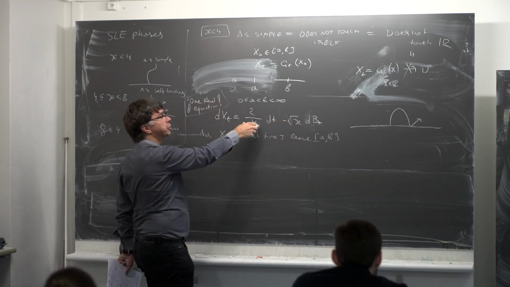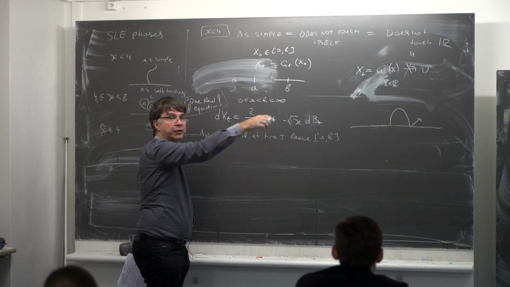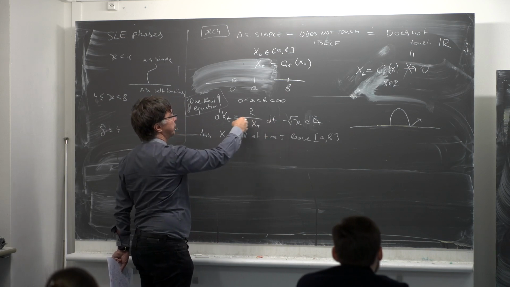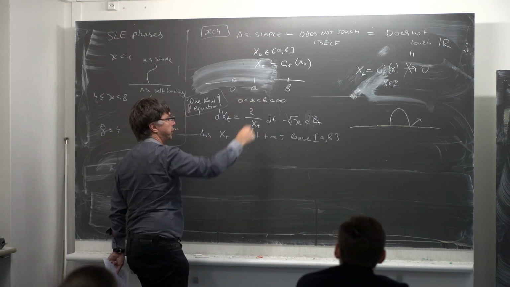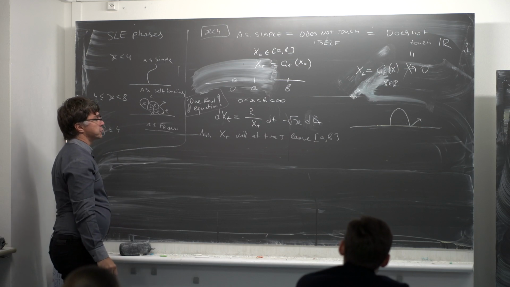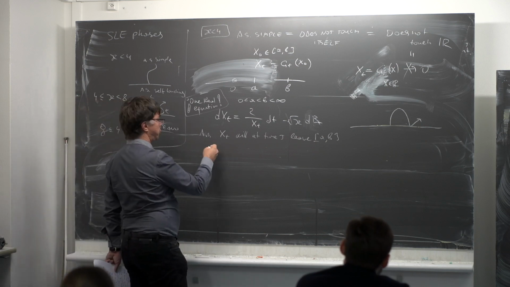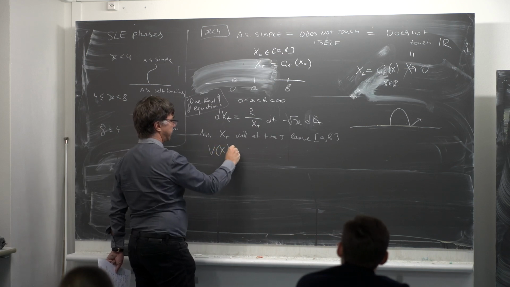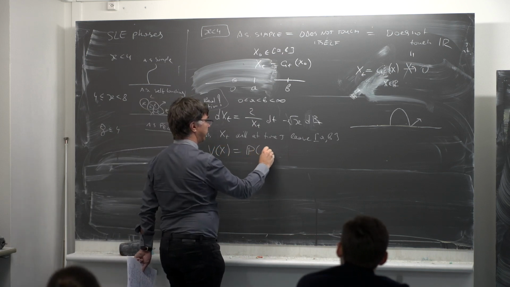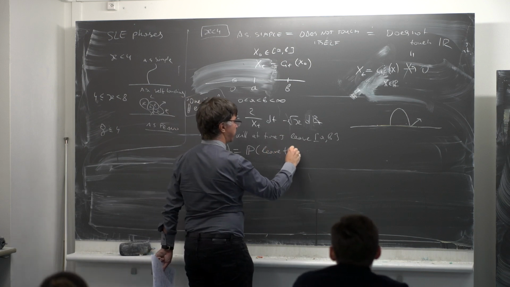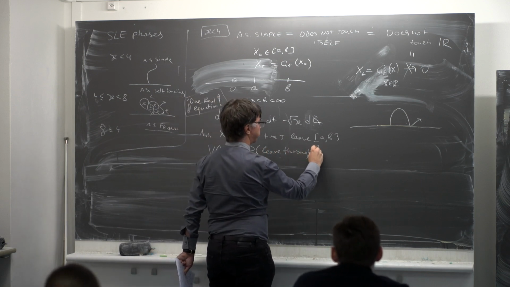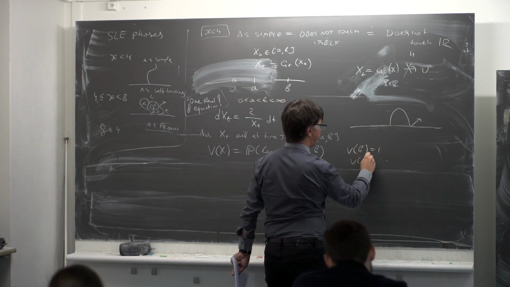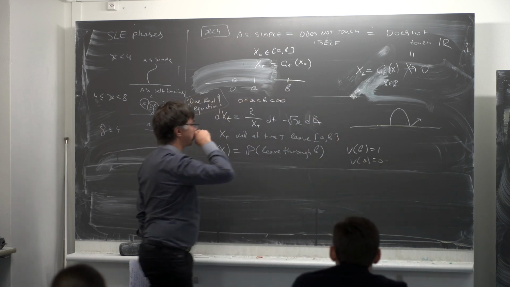And here we have a drift in one direction, so it makes leaving in this direction more likely. So we have Brownian motion with definite speed, with a drift which is bounded away from 0 and infinity on the interval. Let's say v of x is the probability that we leave through point b. So v of b is equal to 1, v of a is equal to 0.